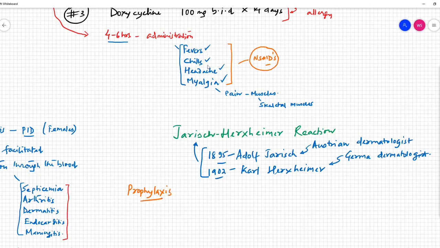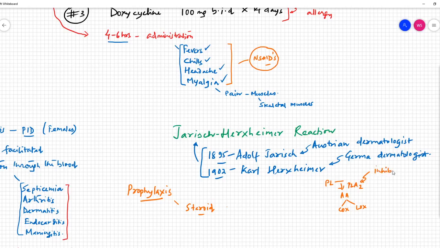What is the prophylaxis? It is an inflammatory reaction, so the prophylaxis would be steroid. We know phospholipids in the cell membrane are converted by phospholipase A2 into arachidonic acid. Then we have the COX and the LOX pathway. Steroids are anti-inflammatory because they inhibit PLA2. That's the mechanism of action of steroids.